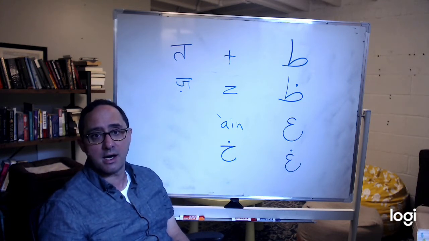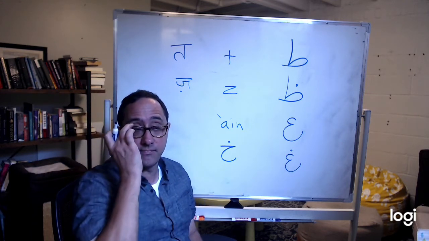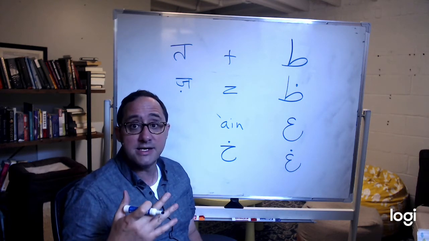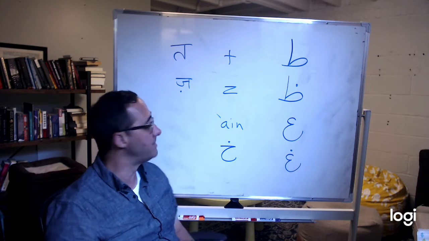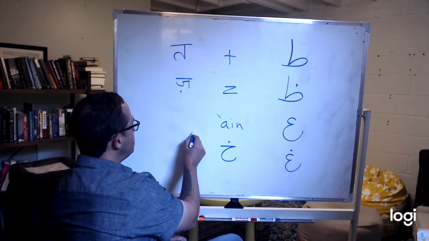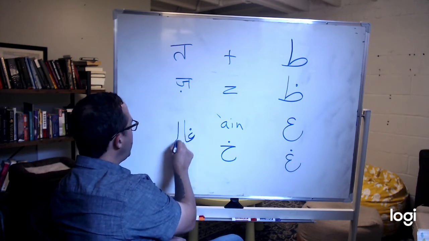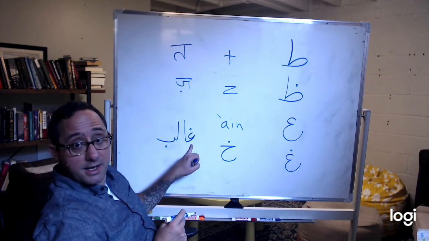And here's how you can remember it. There's a famous poet named Ghalib, but people call him Ghalib. But it's actually Ghalib. This looks like the ah, right?